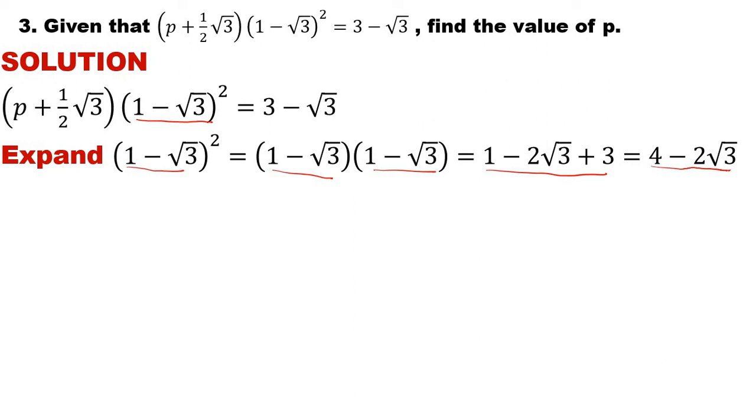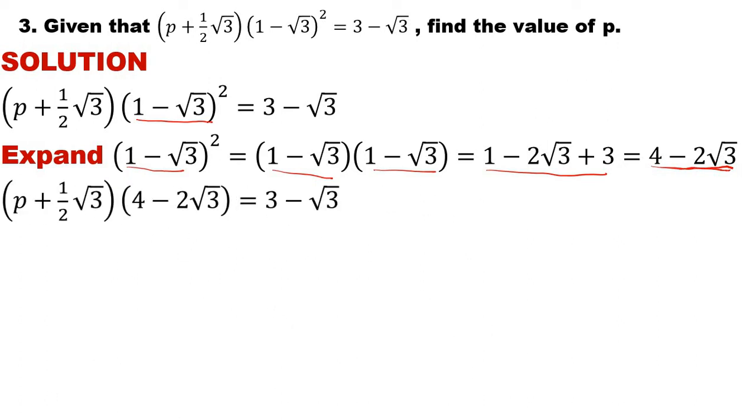Then I will substitute 4 minus 2 root 3 in place of (1 minus root 3) all squared. Now I can multiply these two brackets.